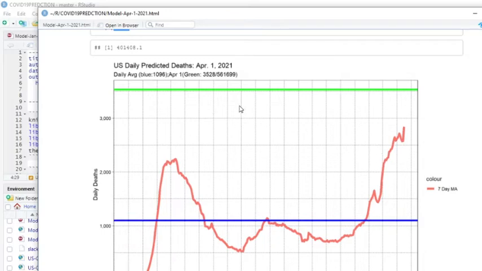There's a lot of ground to make up between now and April 1st in order to reach this number here, because every day we miss a number, the difference rolls over to the next day. So the required number of deaths per day on average is being compounded by the previous day's missed deaths.